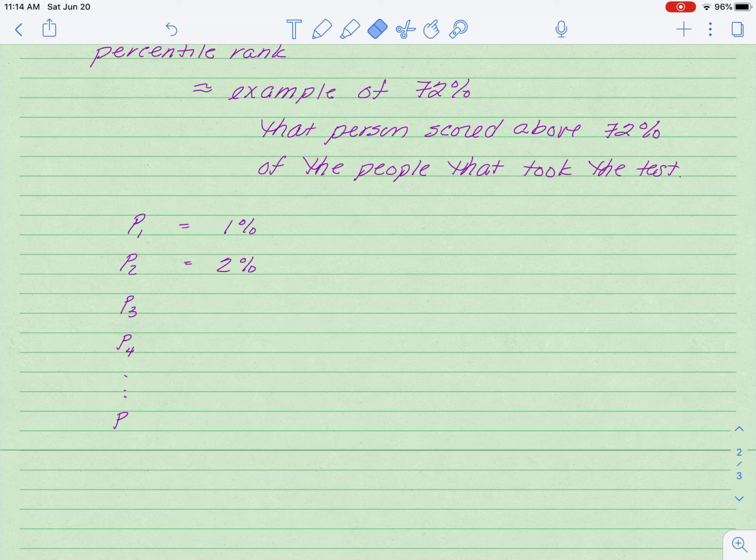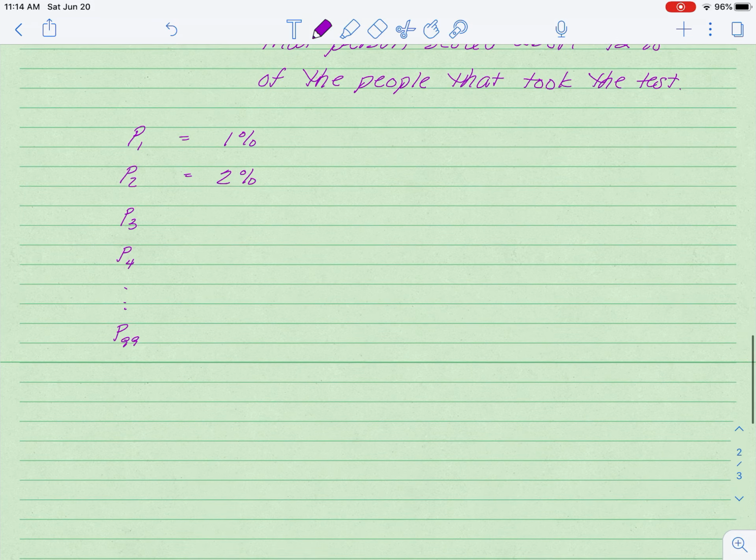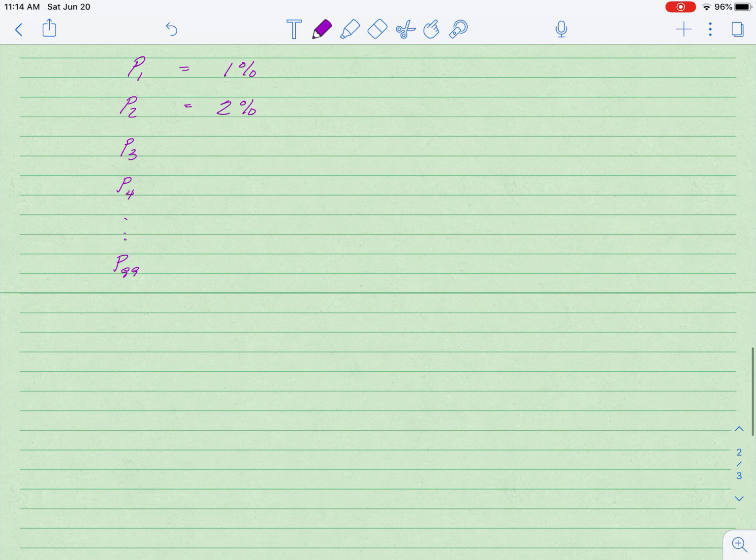So you can go up to the 99th percentile. You scored above 99% of the people that took the test. It's like a cumulative relative frequency. We did those, the ogives, a relative ogive, except it's written as percents instead of just decimal values.